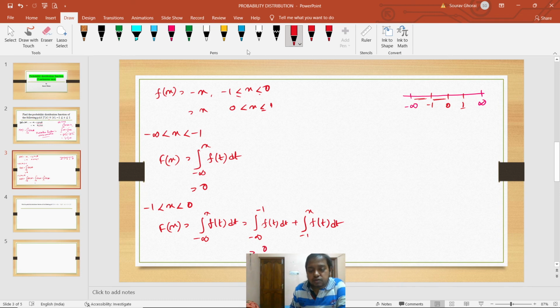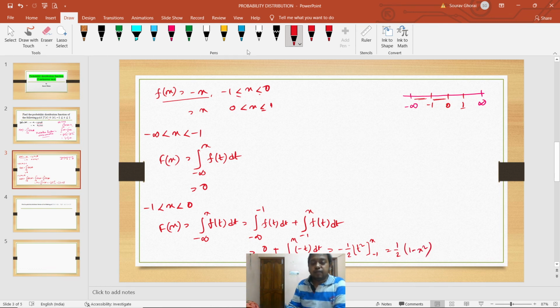Here it is 0 plus the integral from -1 to x of minus t dt, since f of t is equal to minus t. If we simplify we get minus half t square from -1 to x, and the value will be half of 1 minus x square.